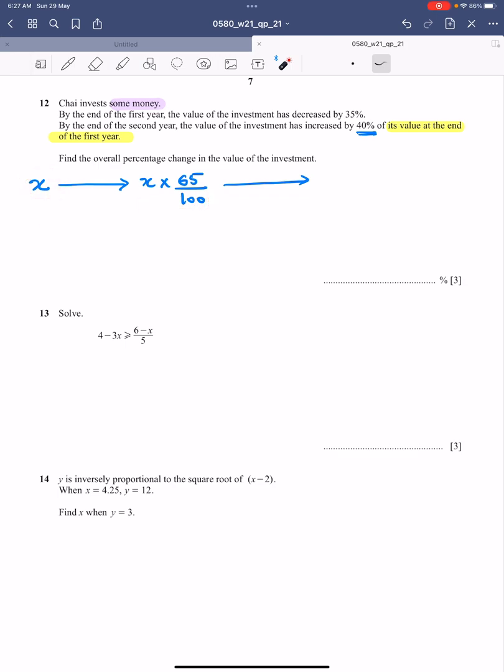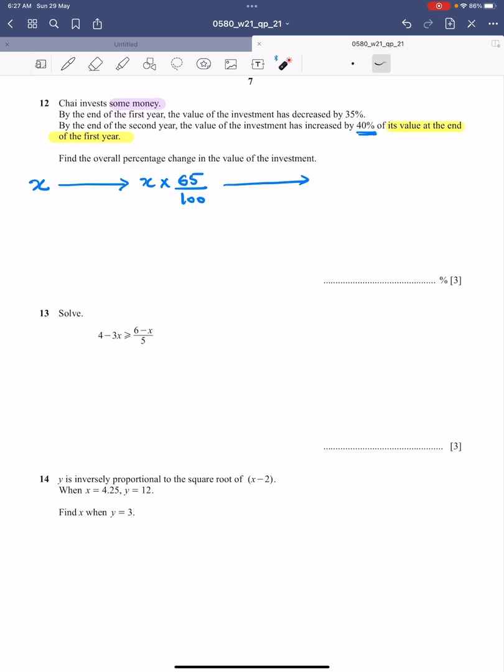Now, coming again to increase of 40%, when we talk in terms of percentage, when something is 100 and it adds 40 to it and it becomes 140, we say that it increased by 40%. So, an increase in 40% value means 140% of the original value.